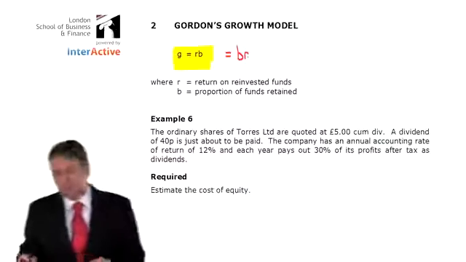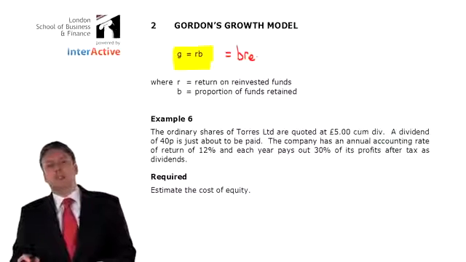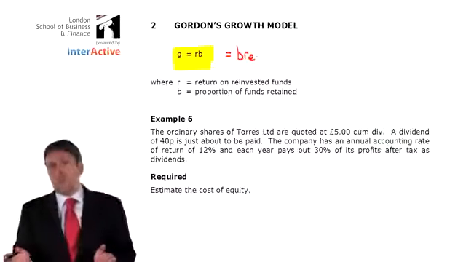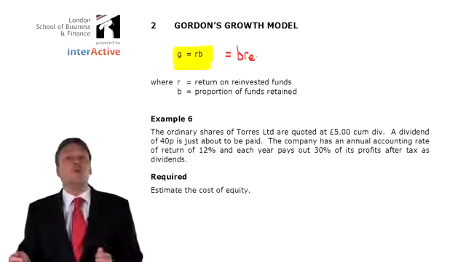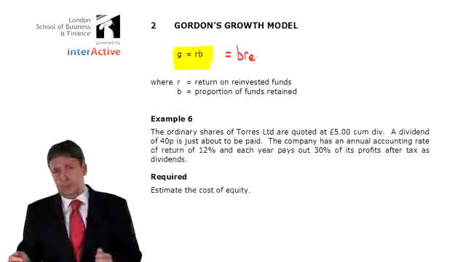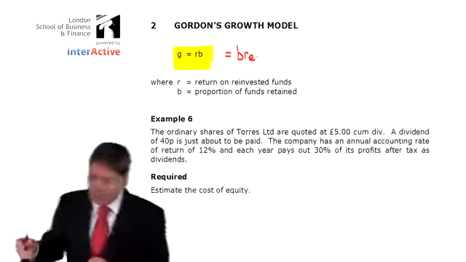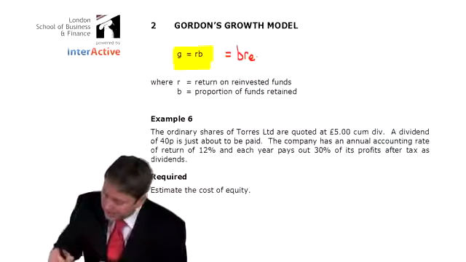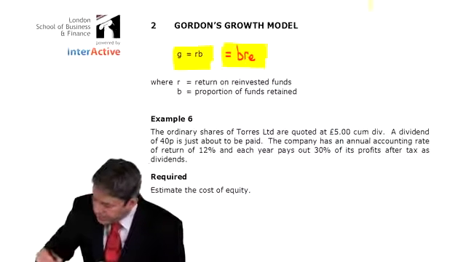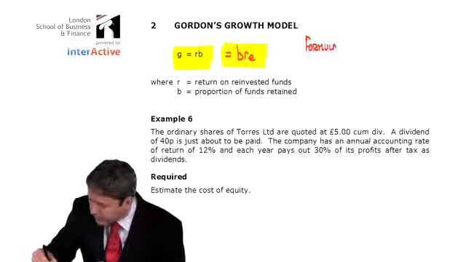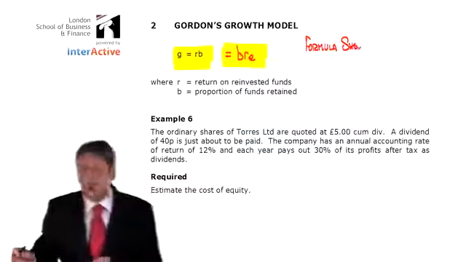I like rb because it reminds me of rhythm and blues, and if I say rhythm and blues, I always remember what it's all about. But if you want to rely on what the examiner is giving you, remember, this is given in the formula sheet. You must know your formula sheet from top to bottom.